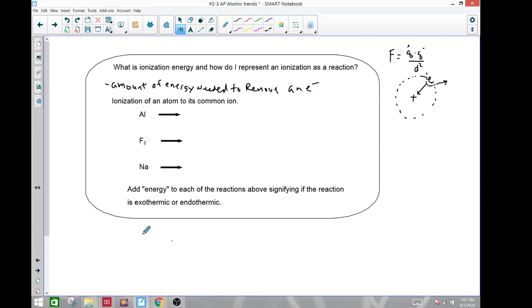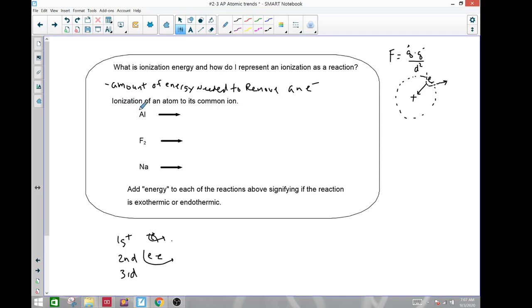Now there are things we might call first ionization energy, second ionization energy, third ionization energy. This is to remove the first electron, this is to remove the second electron, you remove 2 electrons, you remove 3 electrons, and so on and so forth.